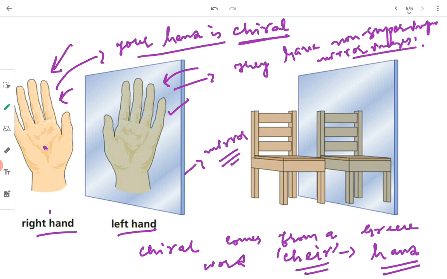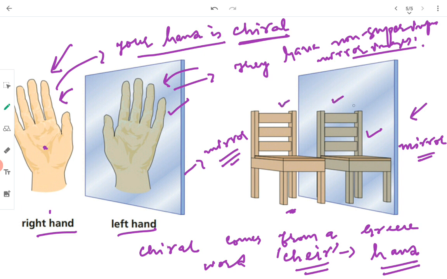On the contrary, if you see this chair, it's not chiral, it's achiral. This is a chair here, this is the mirror, and in the mirror this chair will look like this. But is there any difference between this chair and this chair?